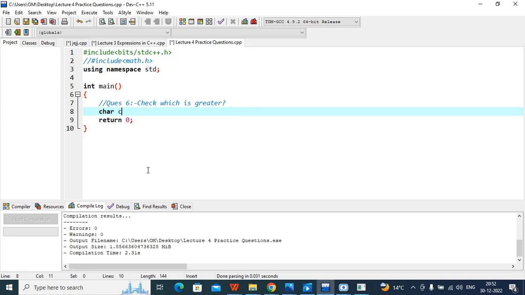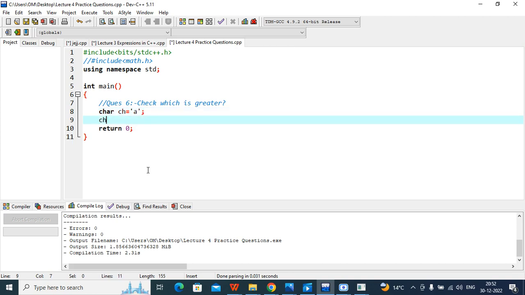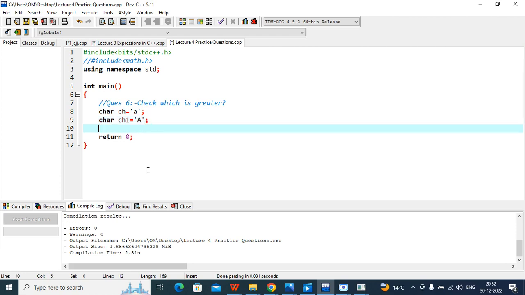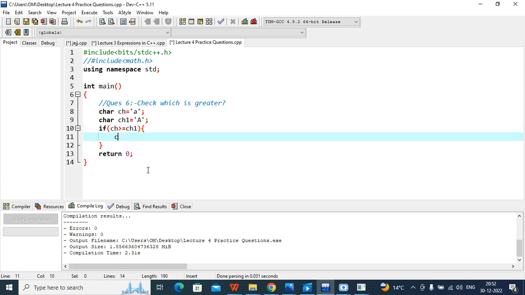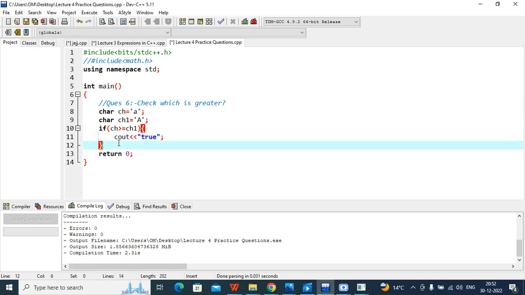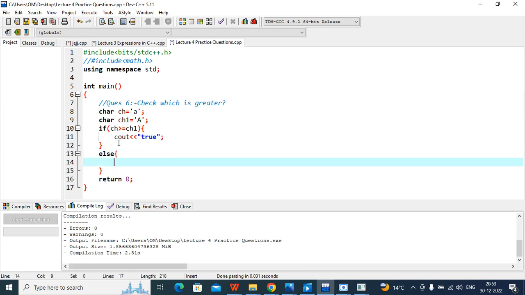Suppose I have given you a character ch equal to small a, and another character ch1 equal to capital A. If ch is greater than or equal to ch1, you will print true, else you will print false. What do you think? What will be the answer?